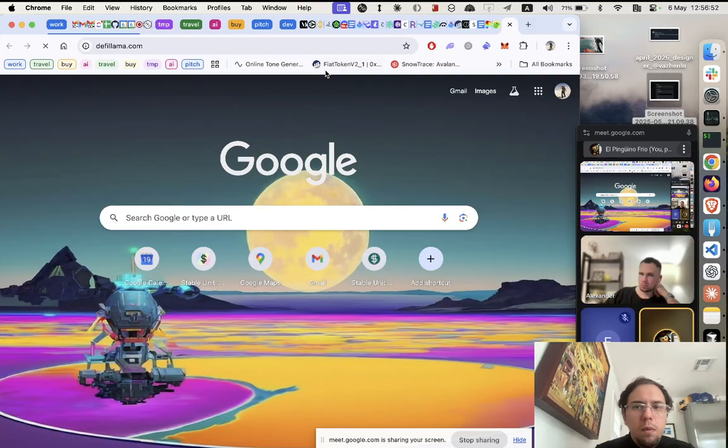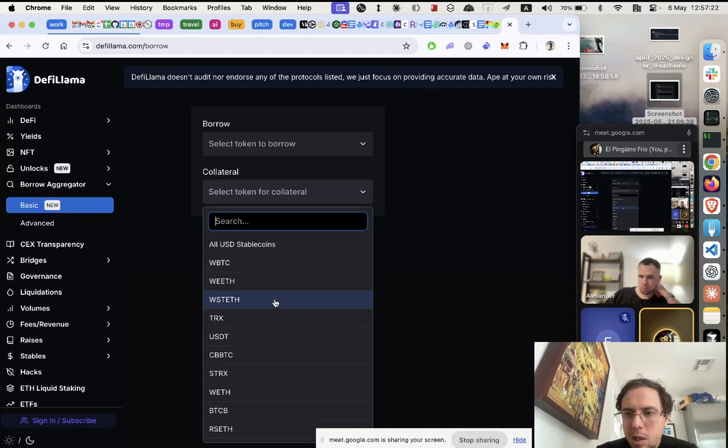I have to choose a particular collateral, which is super stupid to be honest, because if I have Ether, I can exchange it for wETH, or any staked Ether or restaked Ether, without a problem, with close to no slippage. So I'm not connected to one particular asset. And if I would like to borrow all stablecoins, these things just do not work. I choose all stablecoins and it just doesn't work.